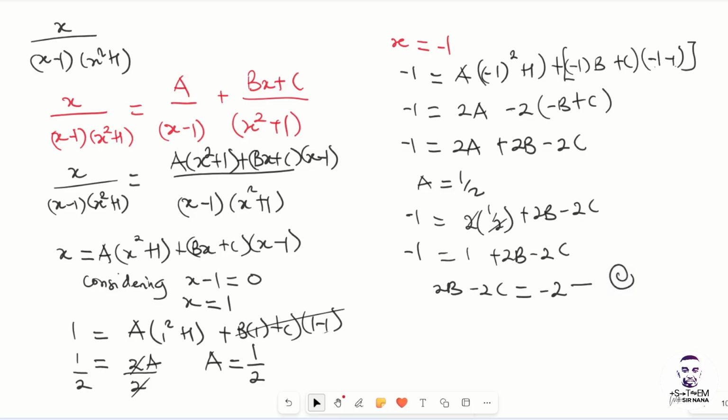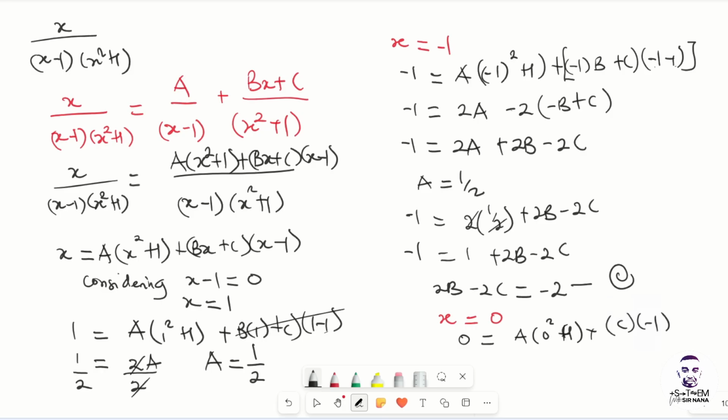So now that we have equation 1, we are going to consider x to be equal to 0 as well. What we do is that we just pick factors that are appropriate, smaller factors that will help us find our a, b, and c. So we are picking x equal to 0. That implies that we have 0 equal to a(0² + 1) plus, the b goes to 0, so we have c multiplying -1.